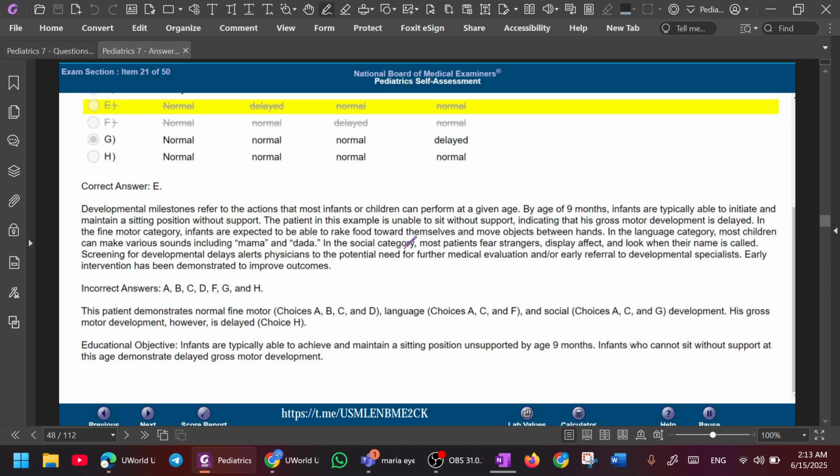In the fine motor category, infants are expected to be able to rake food towards themselves and move objects between hands. In the language category, most children can make various sounds, including mama, dada. In the social category, most patients fear strangers, display affect, and look when the name is called. Screening for developmental delay alerts physicians to the potential need for further evaluation and or early referral to developmental specialists. Early intervention has been demonstrated to improve outcomes.